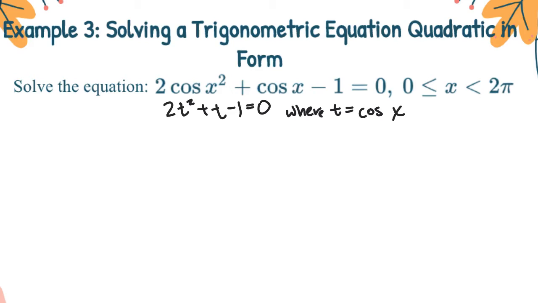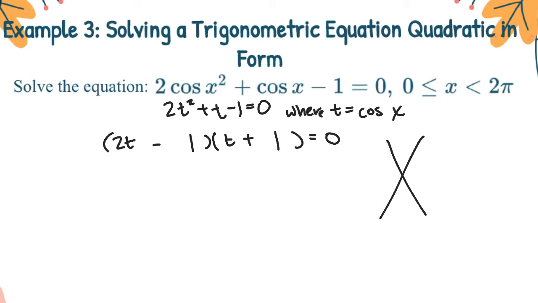Now, if we were to factor this, we would draw our two sets of parentheses, and we could factor this with 2t, 1, 1, minus, plus. If you remember the star method, the two t's could go here on the arms.